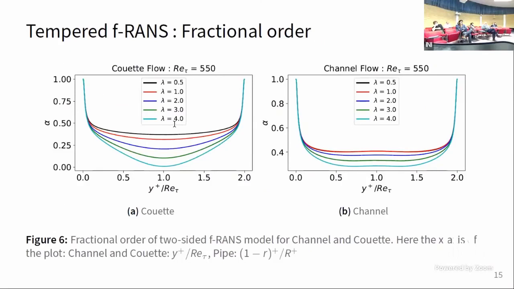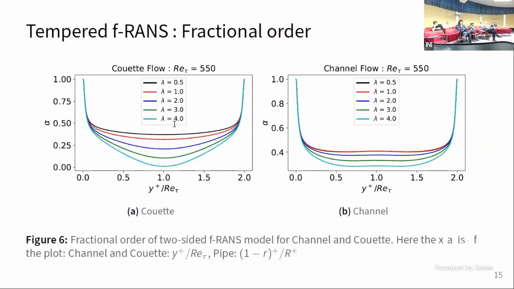So what I'm going to do is fix a particular lambda for the tempered definition, and find my solutions for the fractional order. I see that as a function of lambda, there is a solution for the fractional order.